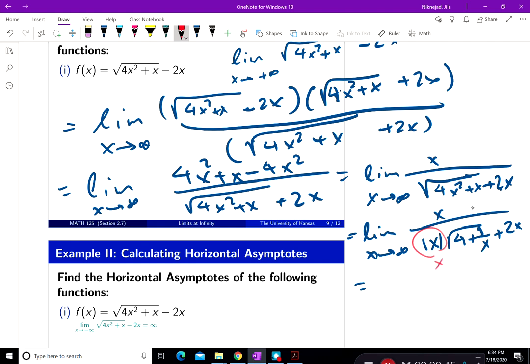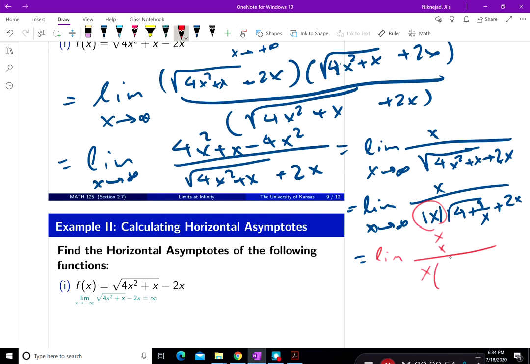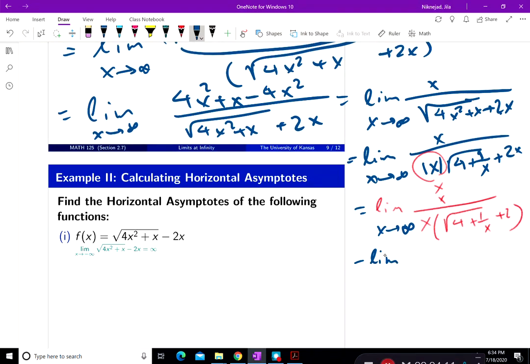So I can factor x over x times square root of 4 plus 1 over x plus 2. And these two simplify. And so you have to find this limit.